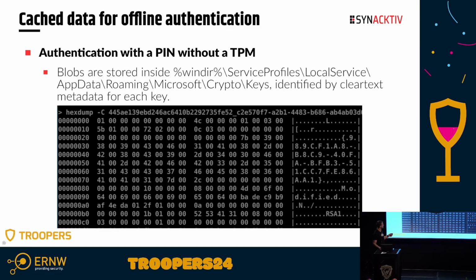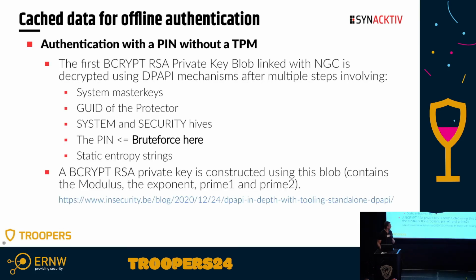All the different crypto blobs are stored inside this folder. And again, even if there is some encrypted data inside, we'll be able to find clear text metadata inside it. So as you can see here, we can find the GUID at the beginning. So the first blob, linked with NGC, is decrypted using the DPAPI mechanism after multiple steps, which involves the system master keys, the GUID of the protector, system and security hives, the pin, and some static entropy strings.